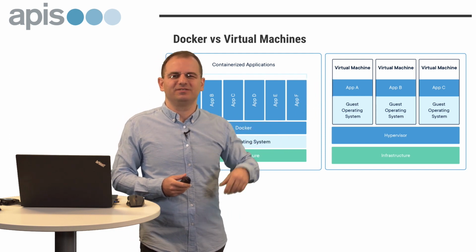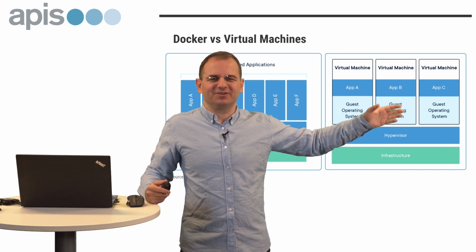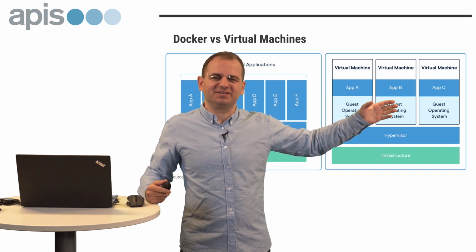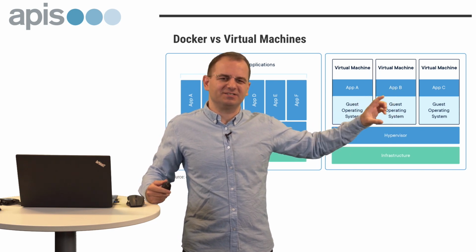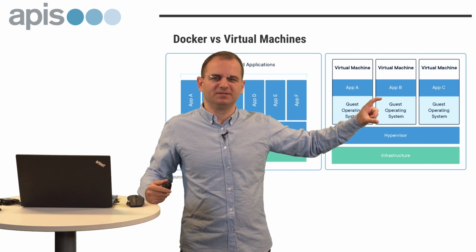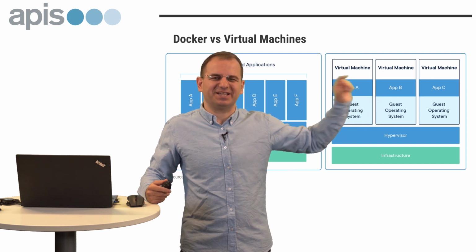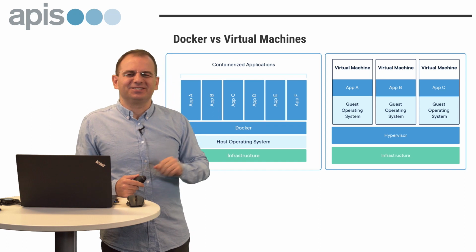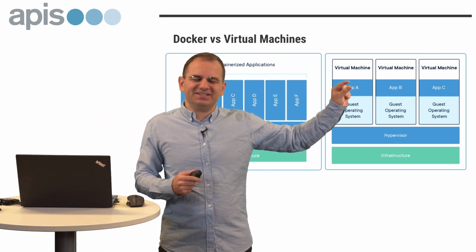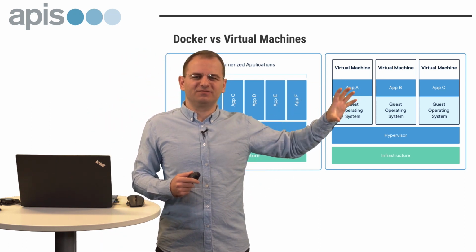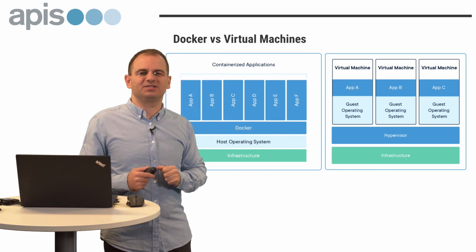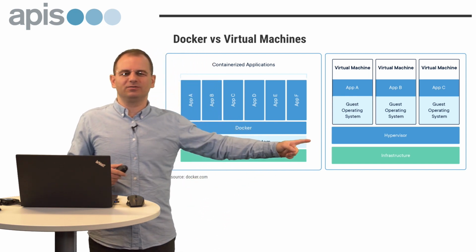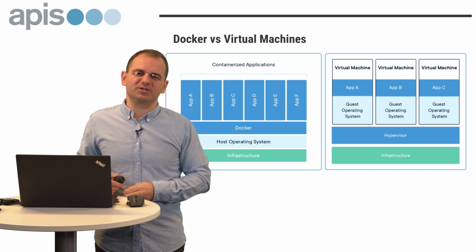On this diagram, these things are not represented in their real sizes. So this would be a huge one, and this would be something tiny, right? So just to run this tiny thing over here, you need to have this huge operating system that's gobbling up all your resources from your machine.